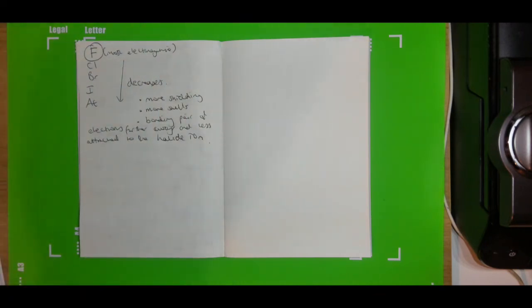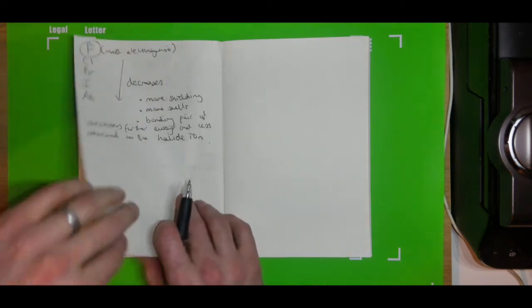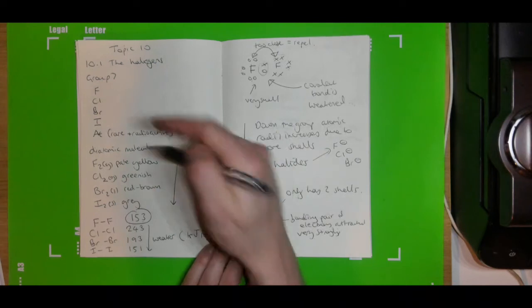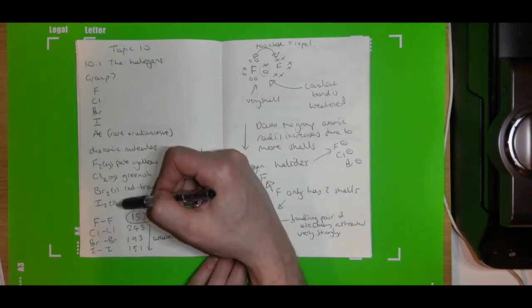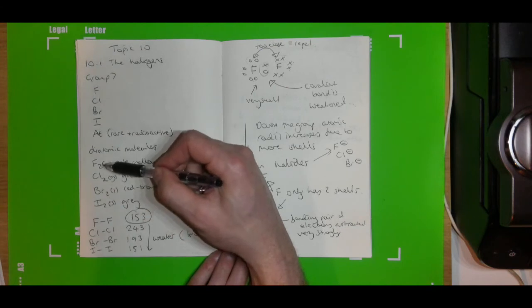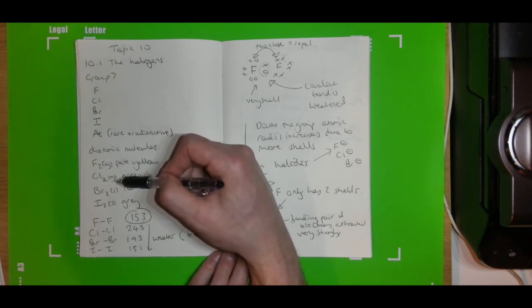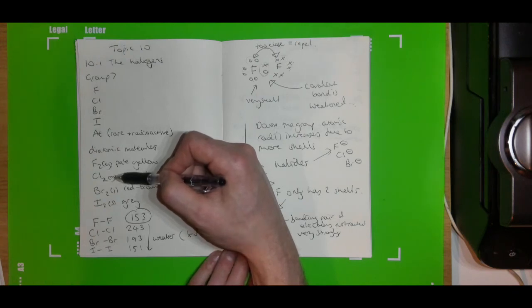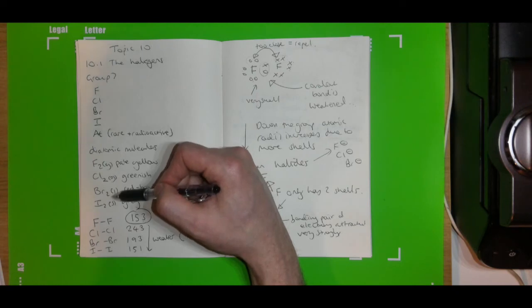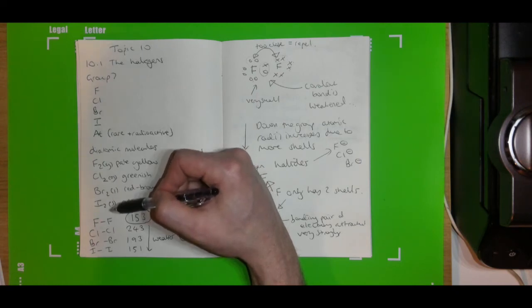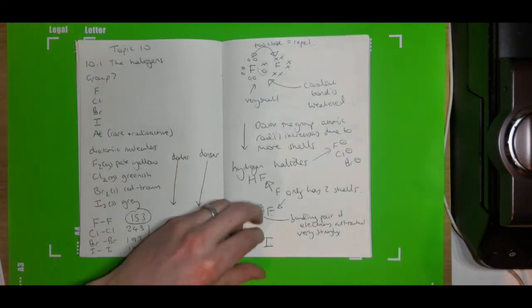Right, last little trend, we're going to look at the melting points and boiling points. We notice straight away at the start of the lesson that the first 2 are gases, bromine is a liquid, and iodine is a solid. In fact, what we find is that fluorine is a true gas, chlorine is quite a dense gas. At low temperatures, it almost appears like a liquid on the ground. Bromine is a liquid and iodine is a solid.